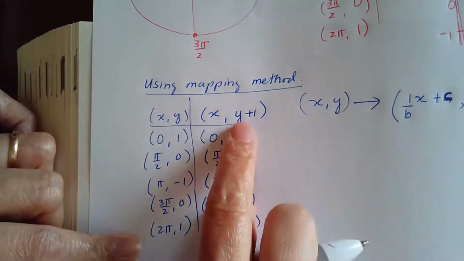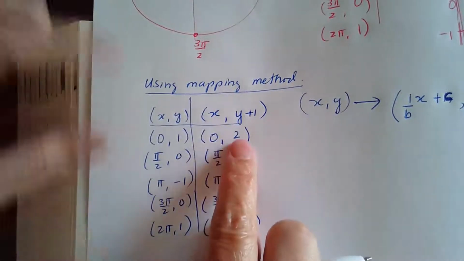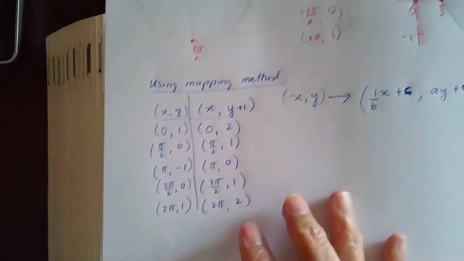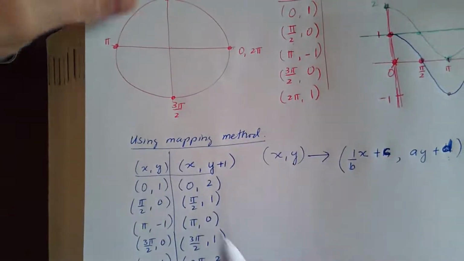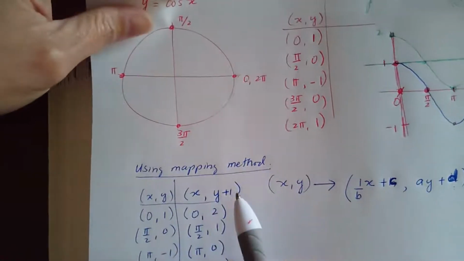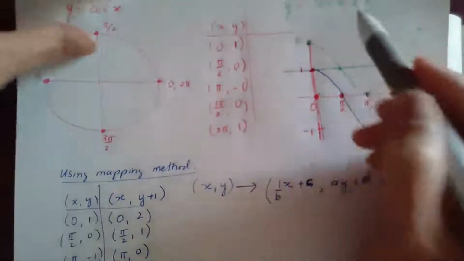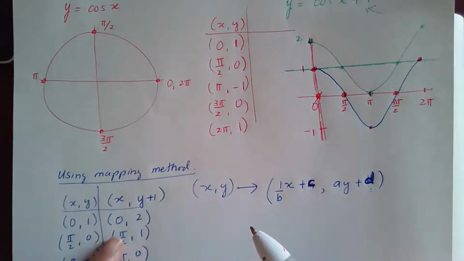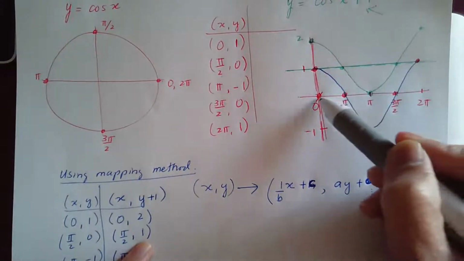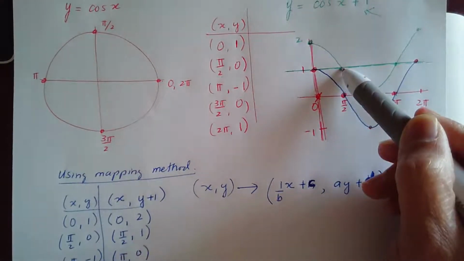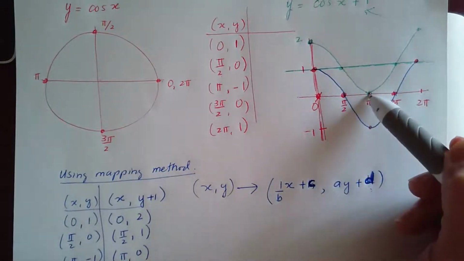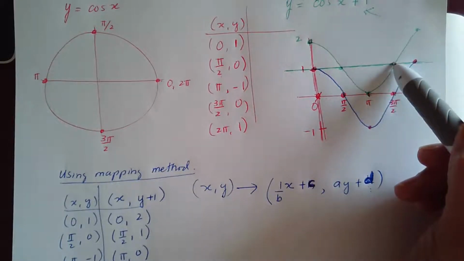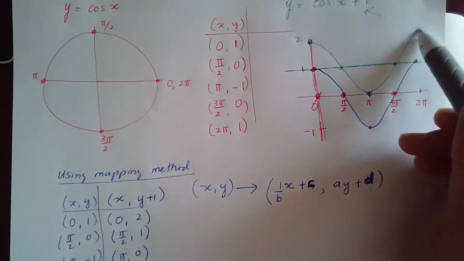If you look at this part here, the first point is 0, 2, that's that one right there. The next one is pi halves, 1. Pi halves is here, 1. Pi, 0, right there. 3 pi halves, 1, that point right there. And then 2 pi is 2.